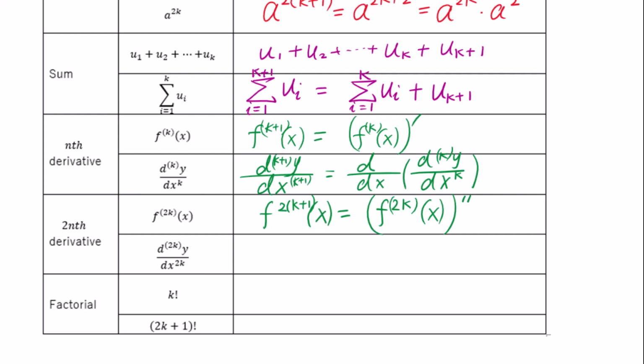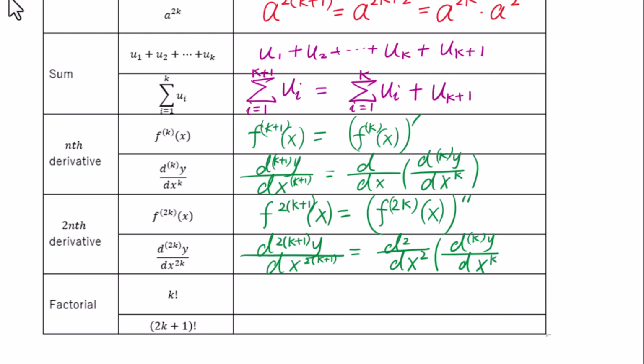For d^(2k) y over dx^(2k), the next term will be d^(2(k+1)) y over dx^(2(k+1)), which equals d squared over dx squared of d^k y over dx^k.